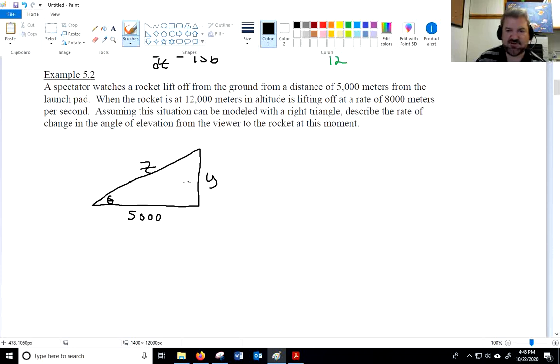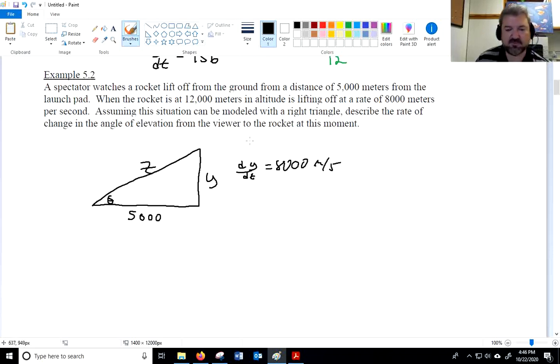So I need a ratio. Well, what are we given? We're given that at a certain moment, it's lifting off at 8,000 meters per second. So we were actually given dy/dt at that moment. We're not saying that that's a constant dy/dt, but it is at that specific moment.